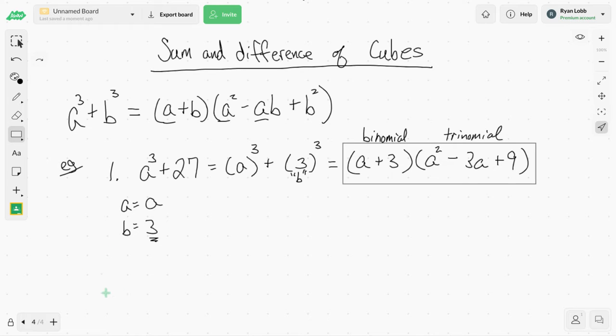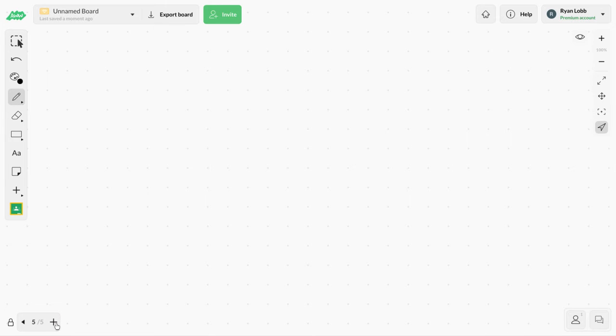Let's do another one of those. Okay, in this case, let's go with x cubed plus 125. We'll start with that one. So like we did before, one of the things you might want to do is set some parentheses and identify what would I have to put into this parenthesis to cube to get x cubed.